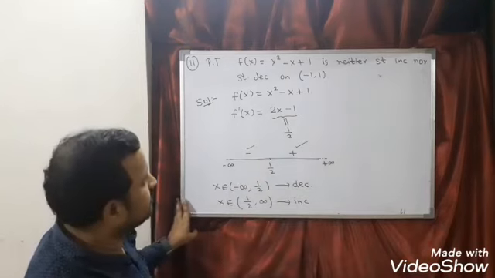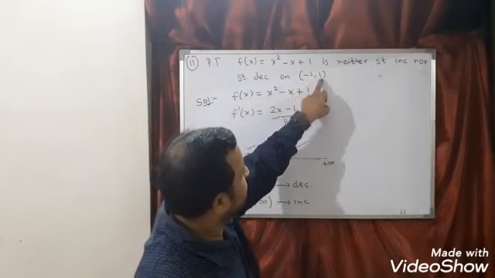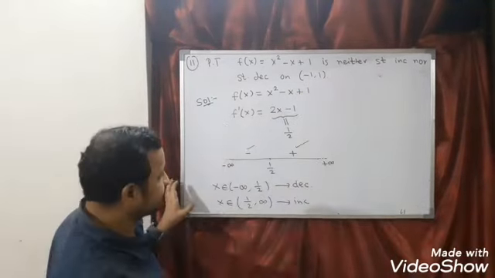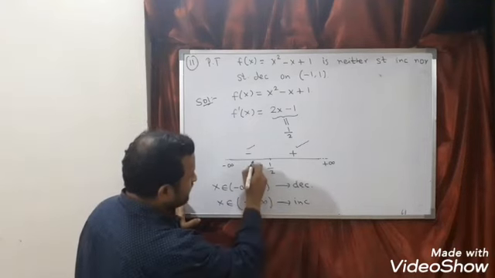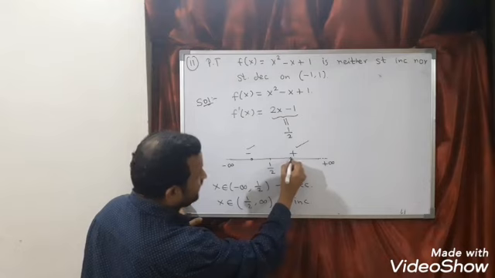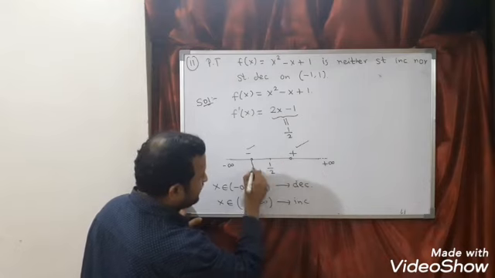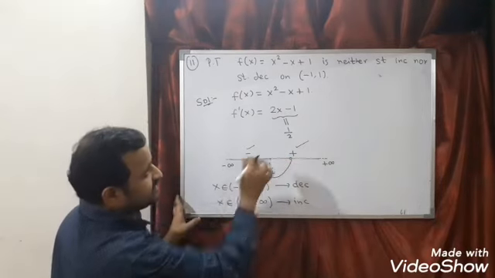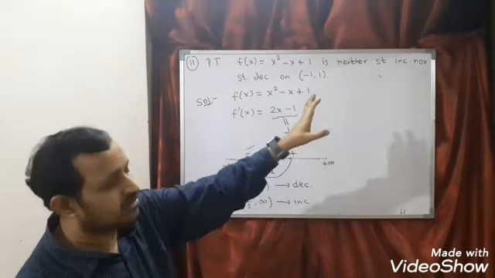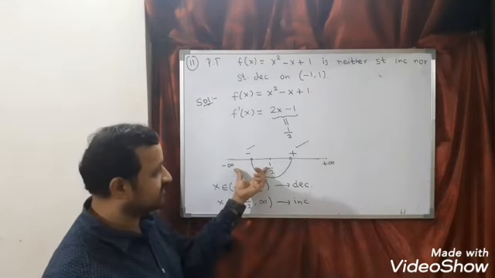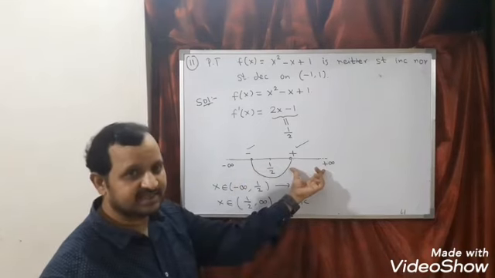But question is minus 1 to 1, neither strictly increasing nor strictly decreasing. Minus 1 to 1 means somewhere here, minus 1 is here and 1 is here. In this interval, you have to tell whether it is strictly increasing or strictly decreasing. You can see here, in this interval it is decreasing, in this interval it is increasing.